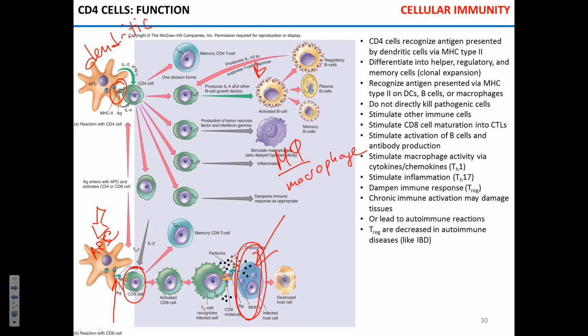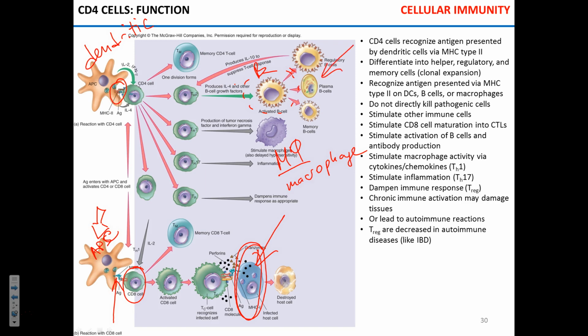So after a CD4 cell gets activated, it can recognize antigen bound to the B cell and stimulate its differentiation into plasma cell.